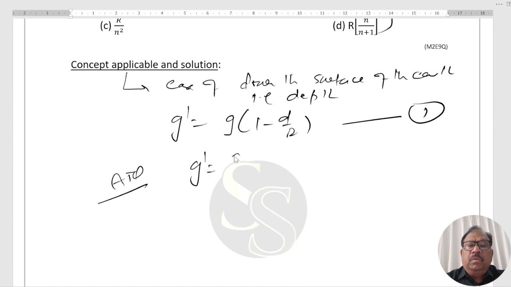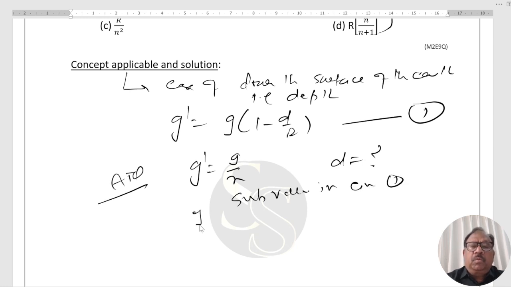Now, according to the question, g dash equal to g by n. We have to find d in terms of R, where R is the radius of the earth. Substituting values in equation 1, this comes out to g by n equal to g into 1 minus d by R. So 1 minus d by R equal to 1 by n.